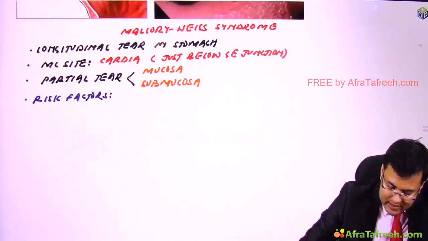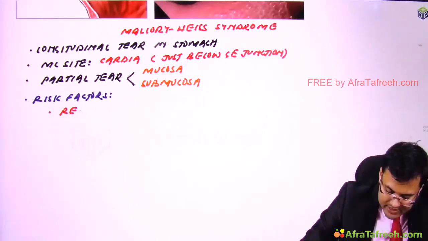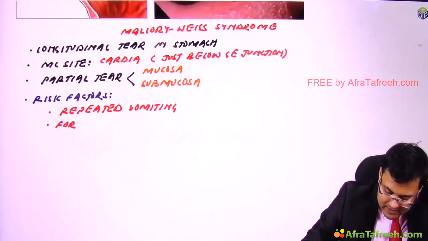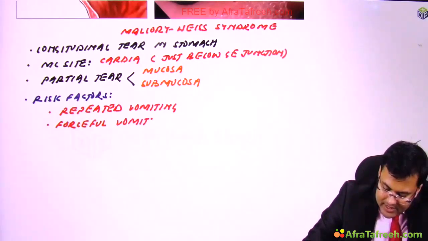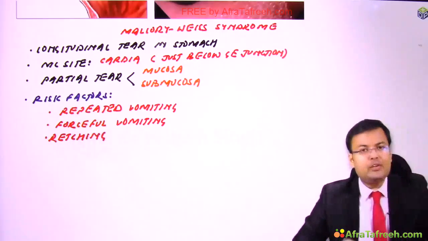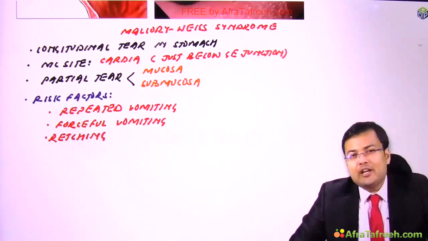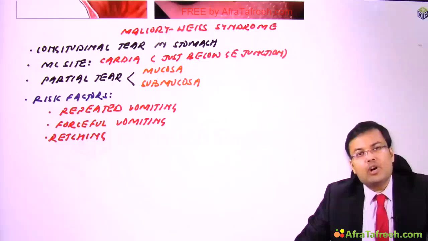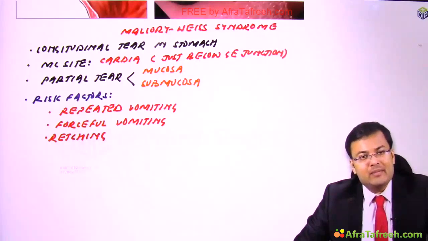Risk factors are repeated vomiting, forceful vomiting, and retching. And you must be knowing that all these are very common in alcoholics and in males. So generally it is more common in alcoholics and in males.